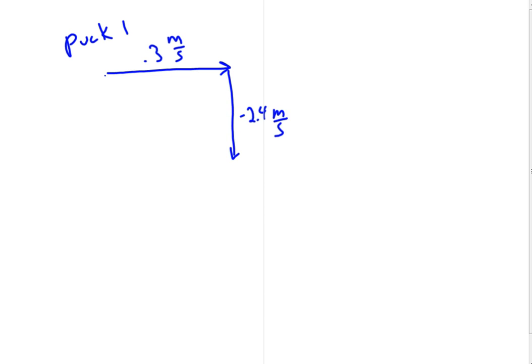What we can do is actually combine those two pieces of information. We found out that puck 1 had a final velocity in the x direction of 0.3, in the y direction of negative 2.4. So we can just use good old Pythagorean theorem there, 0.3 squared plus 2.4 squared, sum that up, take the square root, and we end up with this final velocity of 2.42 meters per second.